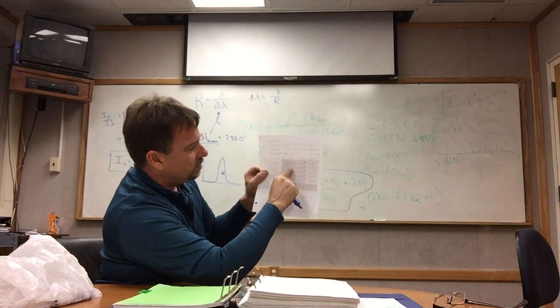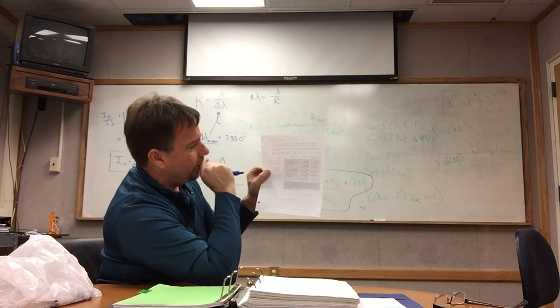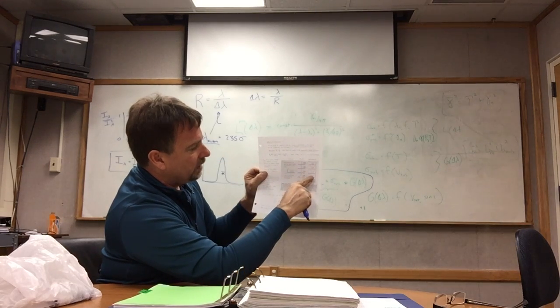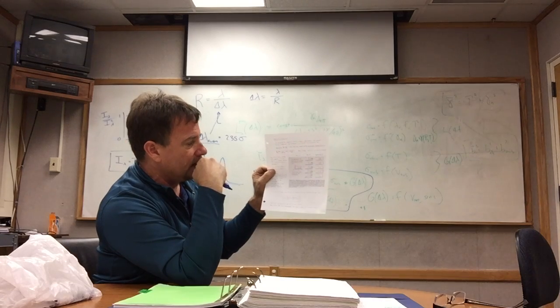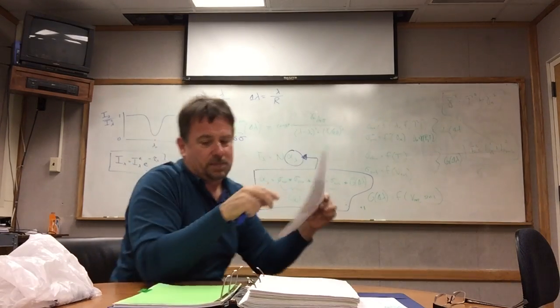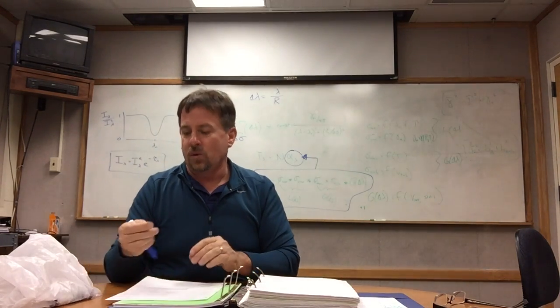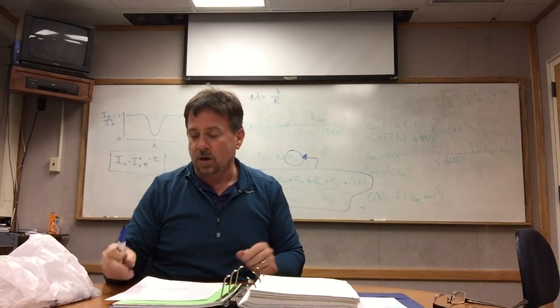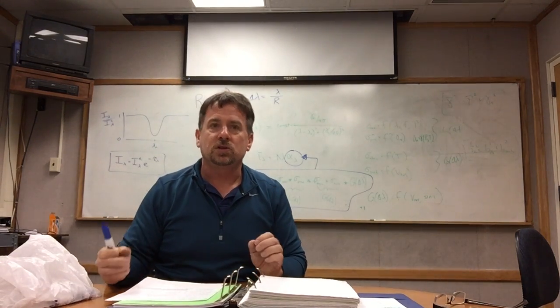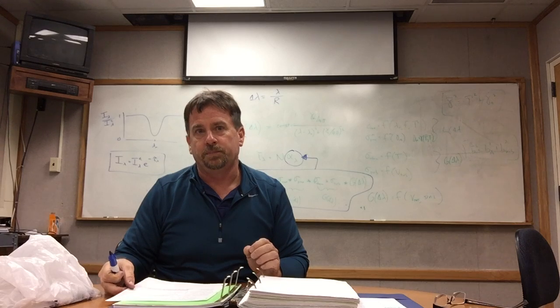The width of this is almost the full width of this plot right here. And so you can see it blurs it out entirely. Okay. So as your resolution goes down, the depth of your line goes down and the width of your line goes up. And if you want to actually resolve the shape of your line, you start to lose it altogether.